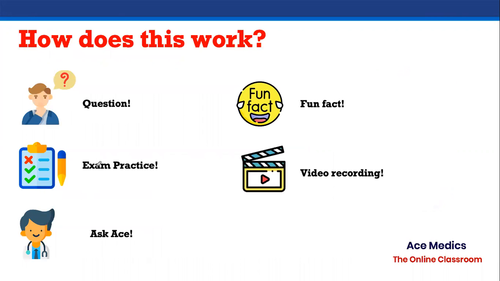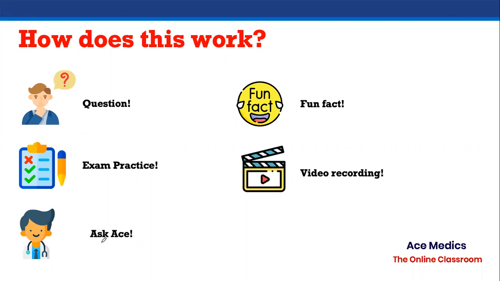Okay. So how this is going to work is we're going to have loads of questions to make sure you guys are picking up the content as we go along. We're going to have loads of exam practice as well, so we'll be looking at a lot of exam questions. We have another member of our team on the lesson today, so if you have any questions, you can put them in the chat and our ACE will answer them.